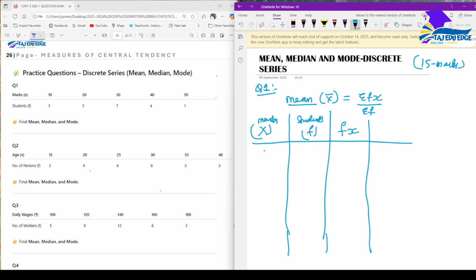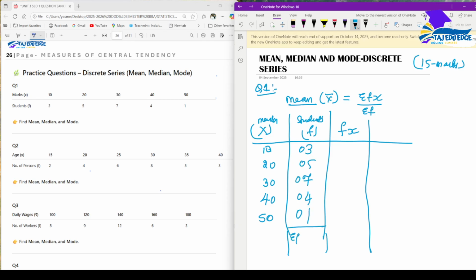Now x is 10, 20, 30, 40 and 50. Students 3, 5, 7, 4 and 1. What is the total of this?